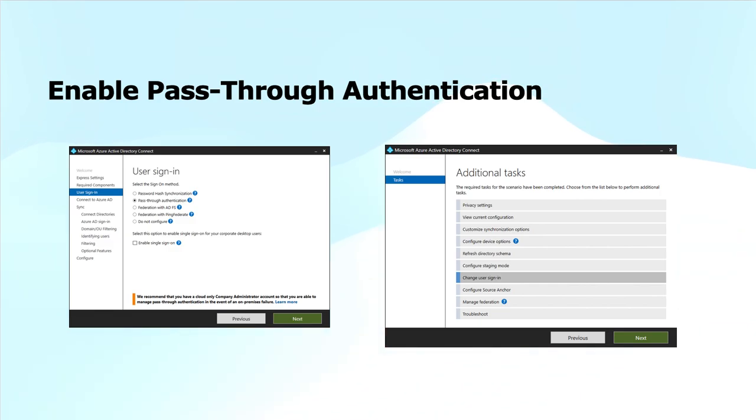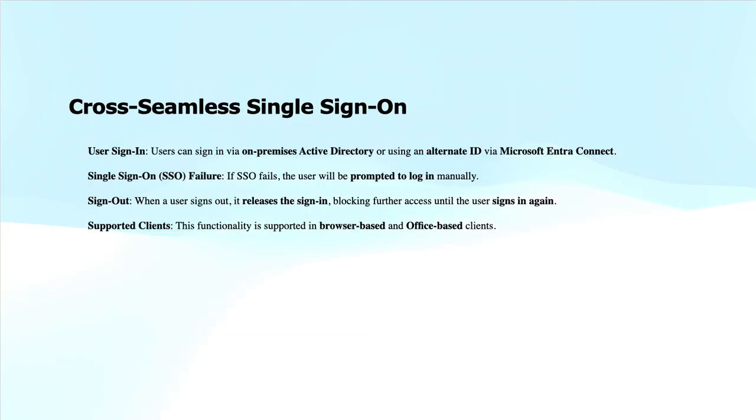Let us now talk about Seamless Single Sign-On, SSO. Seamless Single Sign-On allows the users to log in and access the cloud applications without re-authenticating again and again. Microsoft Entra Seamless SSO automatically signs users in when they are on corporate devices connected to the corporate network.